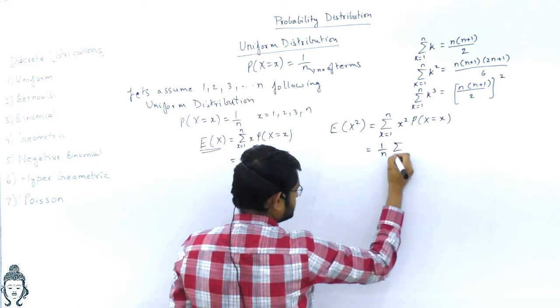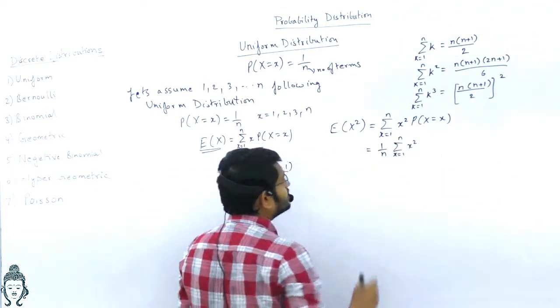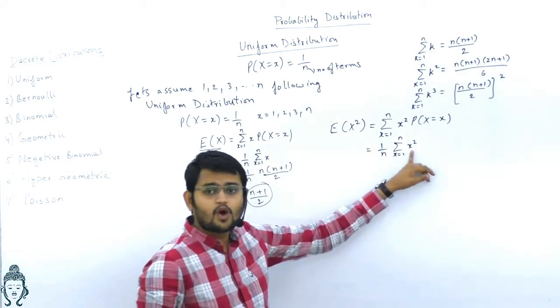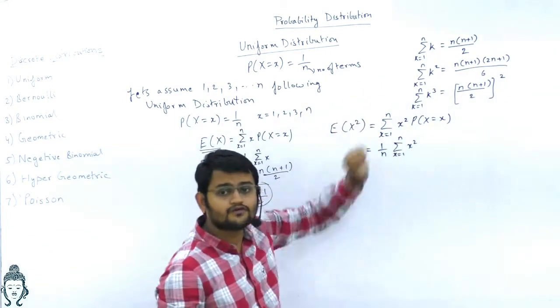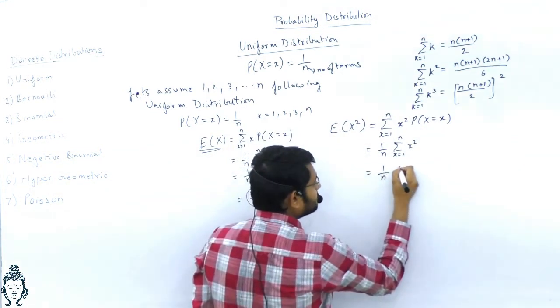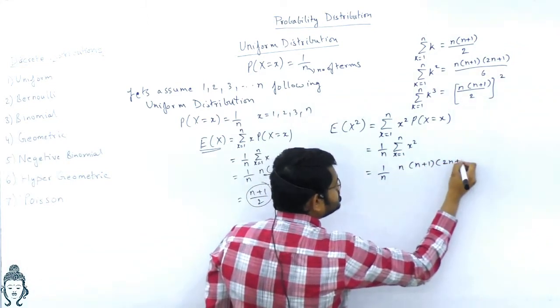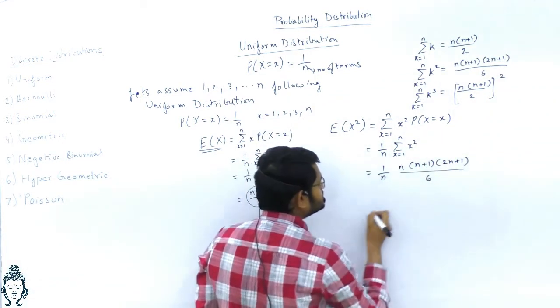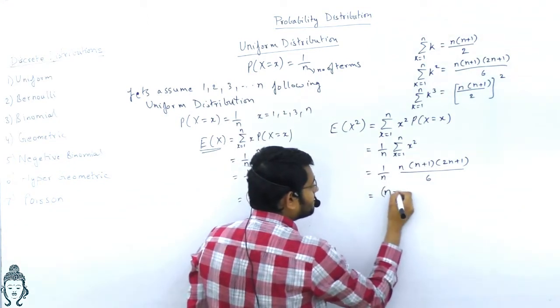We get summation x is equal to 1 to n x square. This is again the sum of squares of first n natural numbers. We have the formula for that too. So we'll write it as 1 by n into n plus 1 into 2n plus 1 by 6.